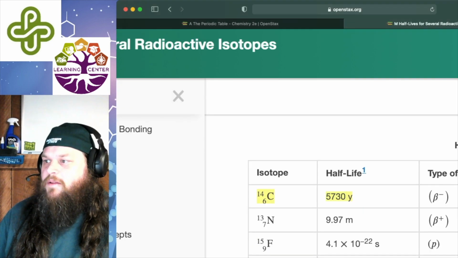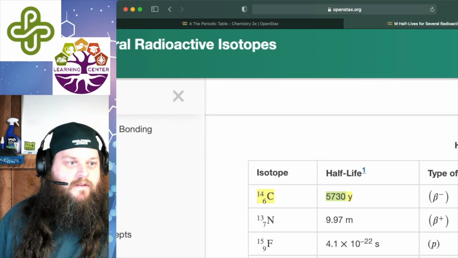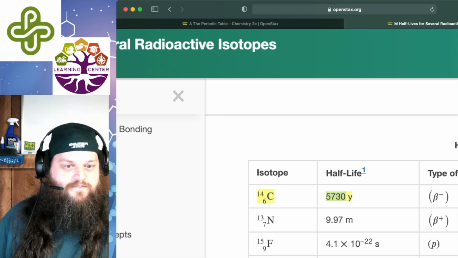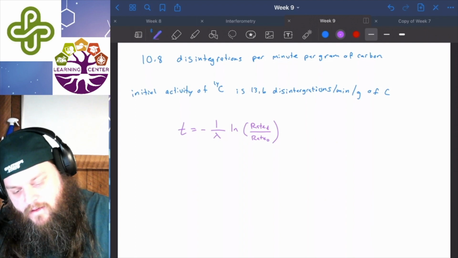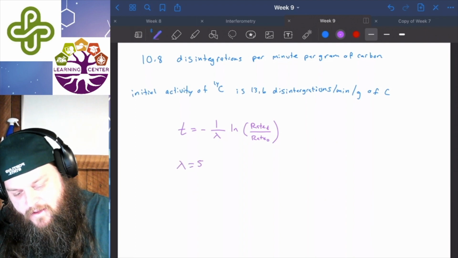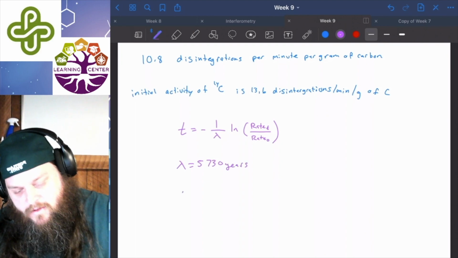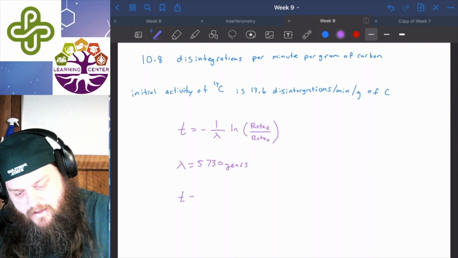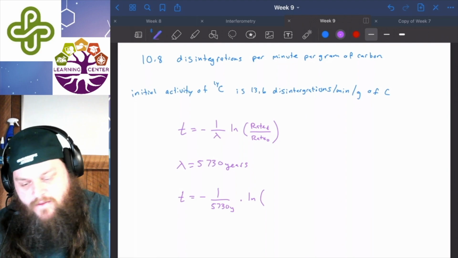But our carbon, 5,730, is the rate of decay. That's the number of years it is. So going back, we know our lambda is 5,730 years. So our time, or how old this thing is, is going to be negative 1 over 5730 years times the natural log of the fraction of these rates.